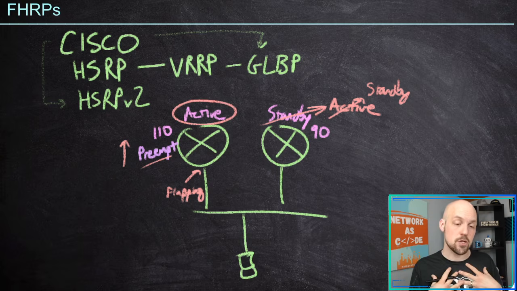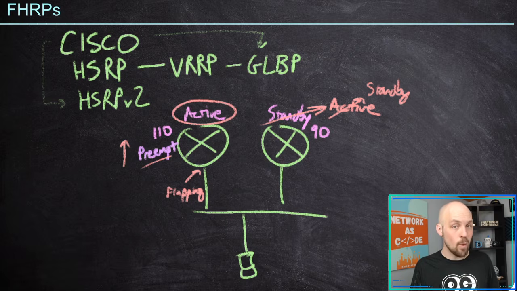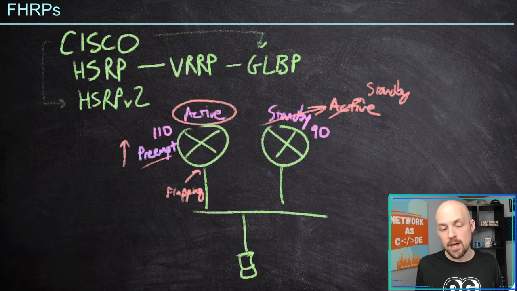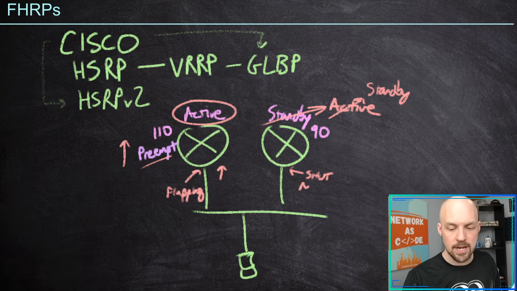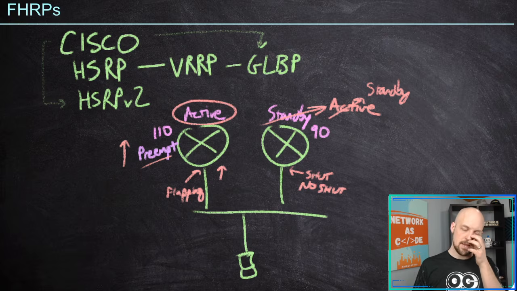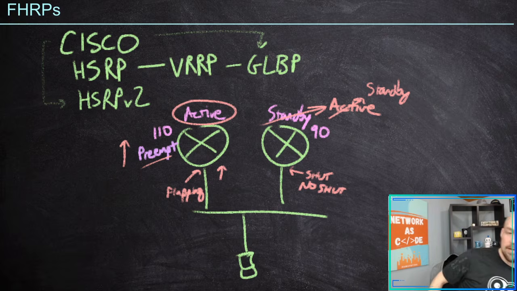So if I want to be in control, I can wait until after hours when nobody else is working, log in, and do a shutdown on this interface, let this one become the active, and then do a no shut, and it will come up and put itself into a standby state. So I can manually do it.